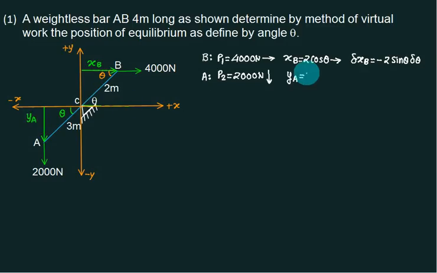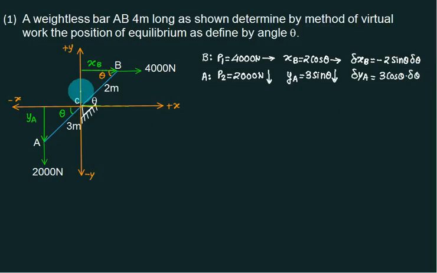So is it 3 sin theta? Now check your point A. Is it in the third quadrant? Point A is in the third quadrant. In the third quadrant, y is what? Downward. Don't write plus minus. What is the partial derivative of this? Is it 3 cos theta into del theta?